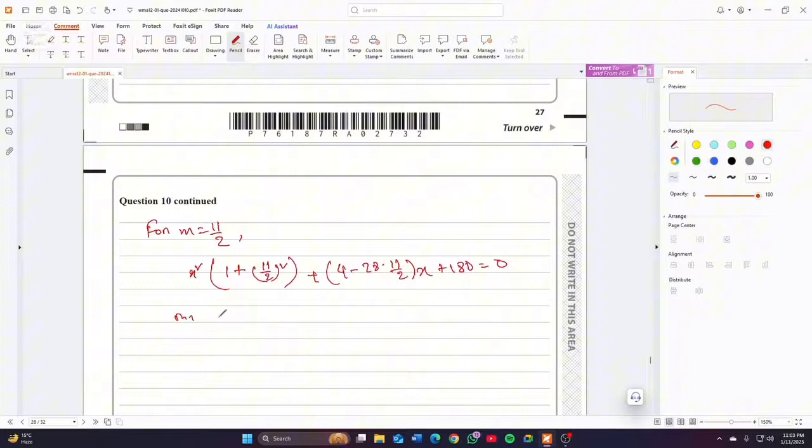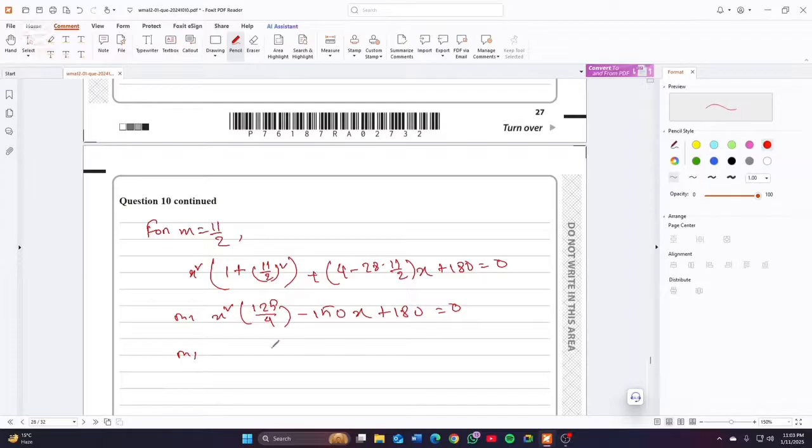So x square times this will give us 125 by 4 plus, so this is actually minus, so 4 minus this will give us minus. Let me erase this. So minus 150x plus 180 equals 0.